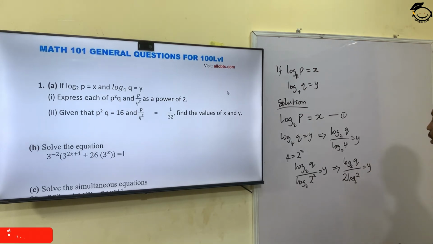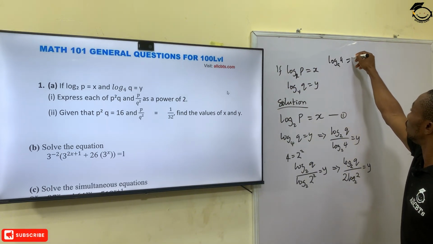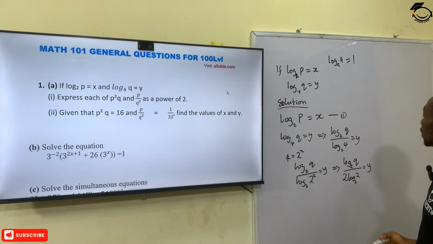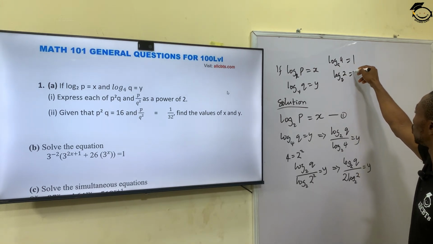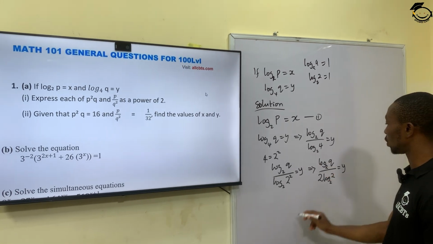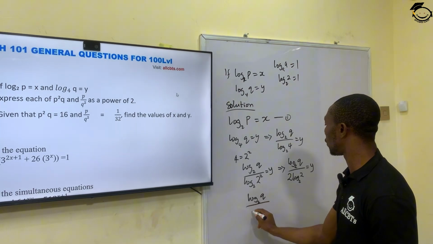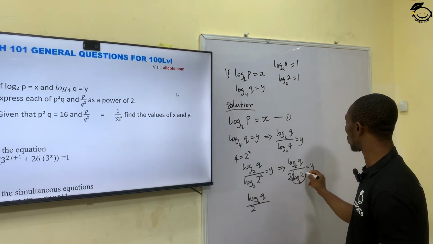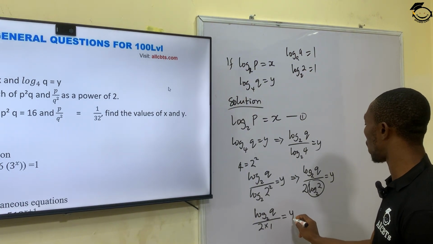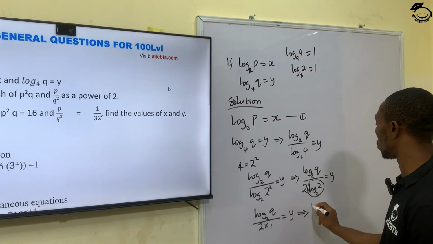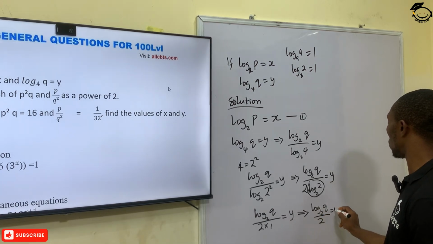And we know in our law of logarithm, log_a a is equal to 1. So log₂2 gives us 1, and this becomes log₂q all over 2 equals y.